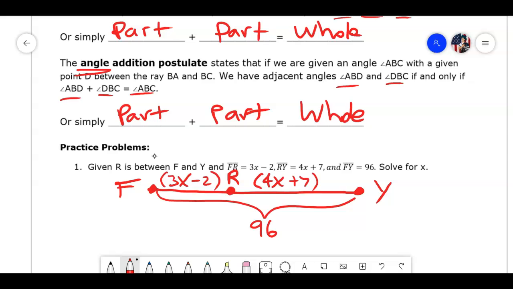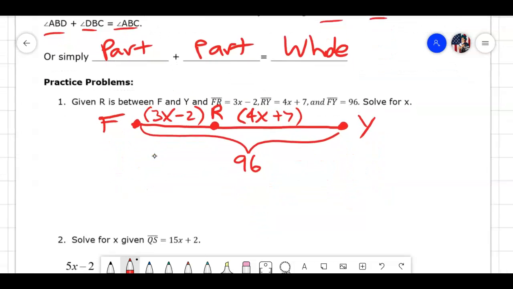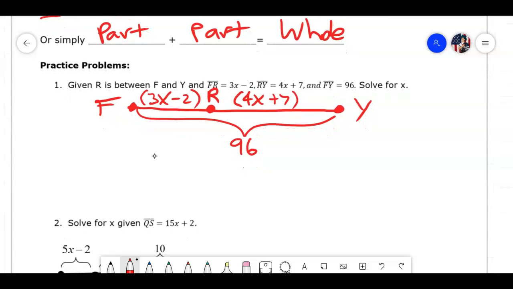It has a part and the whole thing. So now I can use what I wrote at the top to figure out x, okay? So go ahead and write part plus part equals whole. That's my equation that I'm going to use. And let's plug in the first part. You tell me, what's the first part, FR?